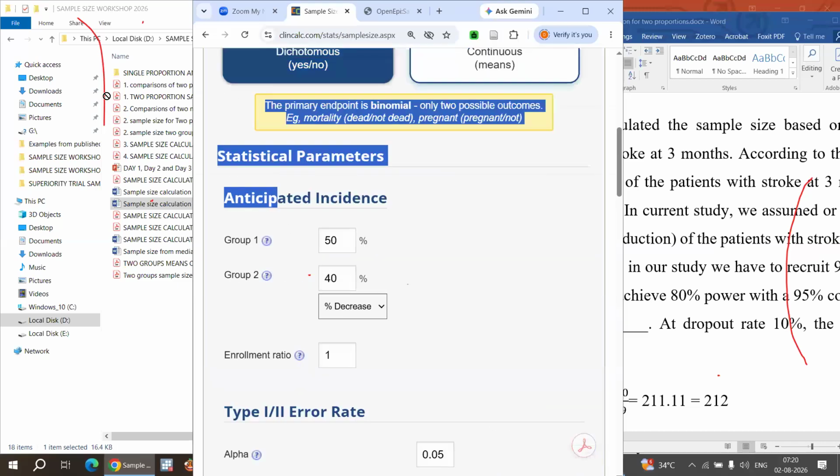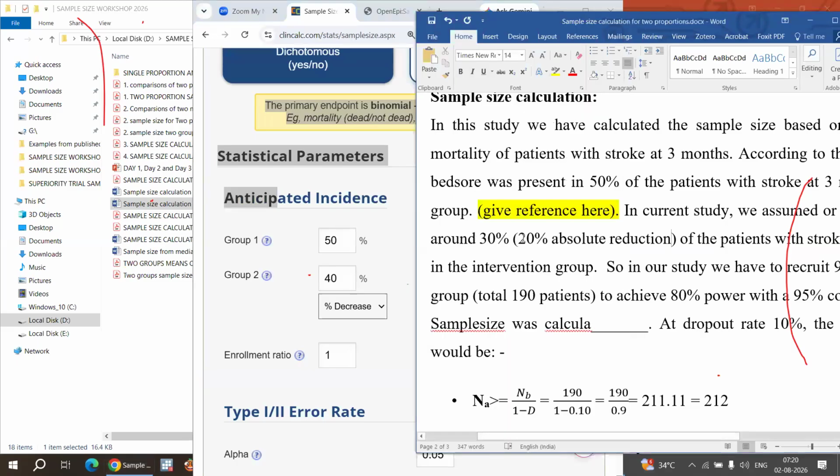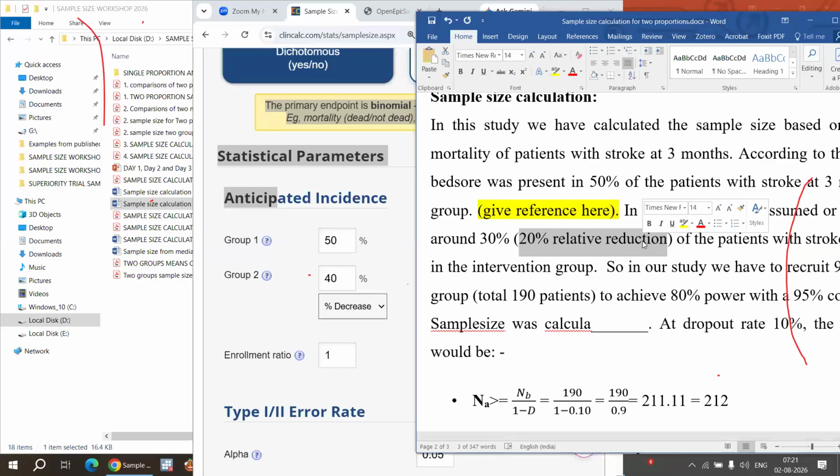It is a relative decrease. What do we mean by relative decrease? A 20% absolute reduction means 50 minus 20, that is 30%. But if I say it is a relative reduction, what do we mean by relative reduction? It is a 20% relative reduction. It means 20% of 50%.